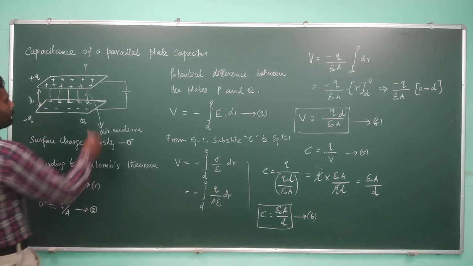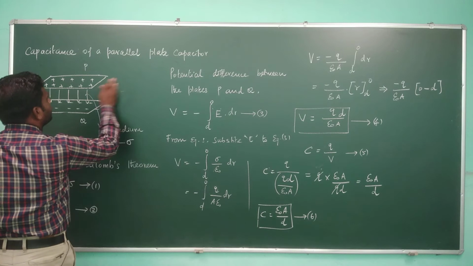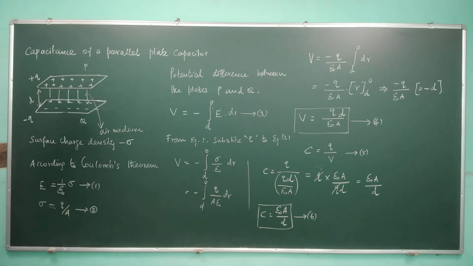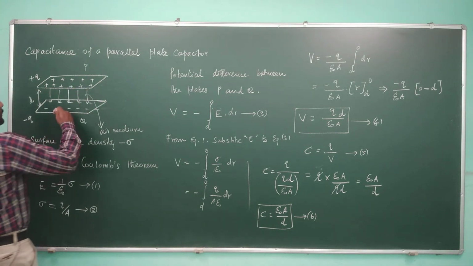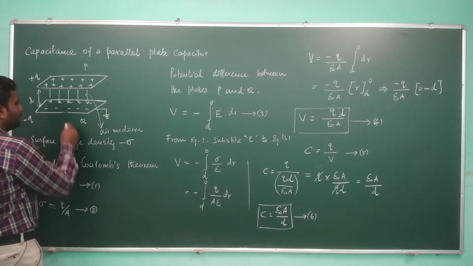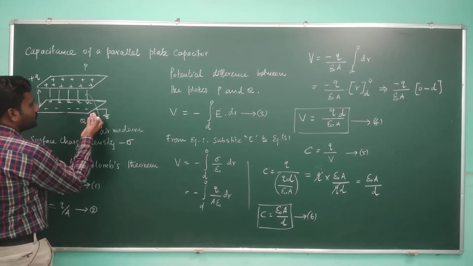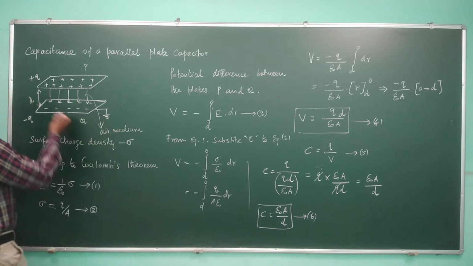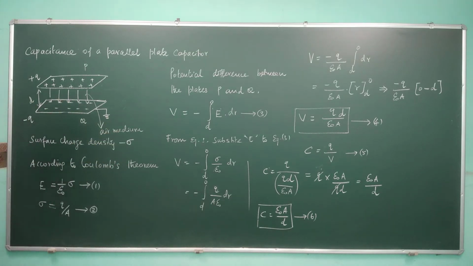This you can achieve if the top plate is positively charged and you bring in another plate and connect it to ground, then the lower side becomes positive, that will be 0, and the upper side becomes negative.